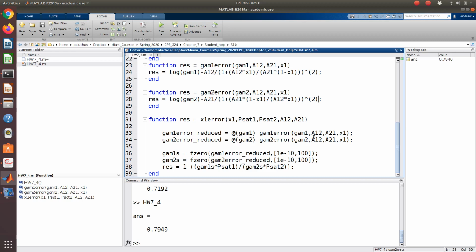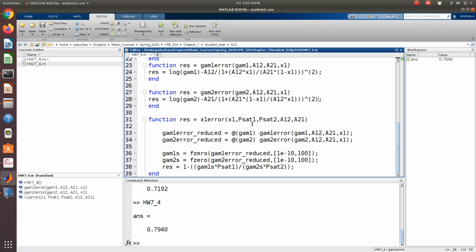So I would need to pass those additional parameters via an anonymous function. And then the other issue we ran into is numerically solving our gamma equation. We had to use brackets because we just used an initial guess. Gamma can't be negative, can't be less than 0, because then that causes numerical issues up here.